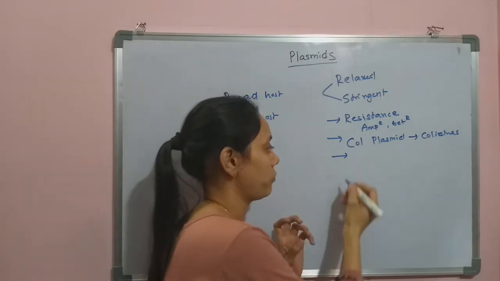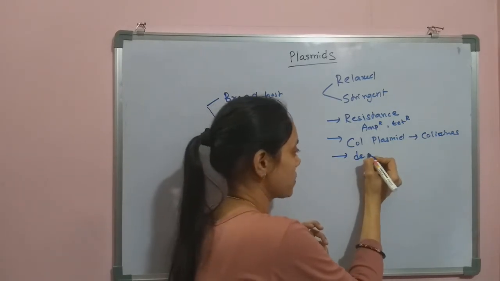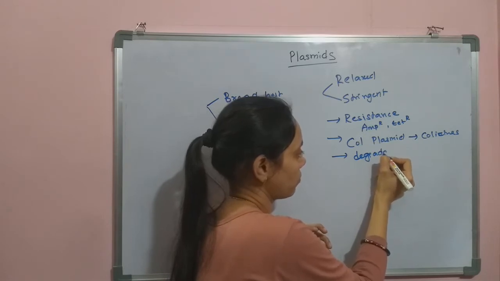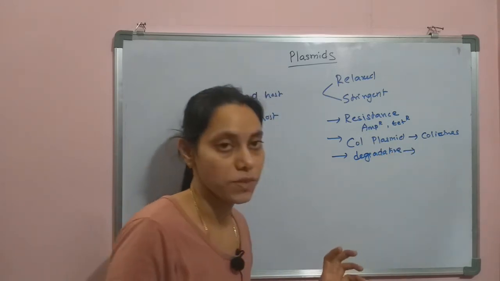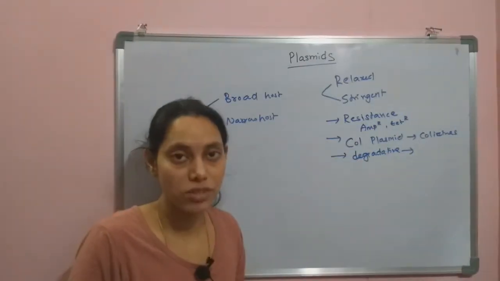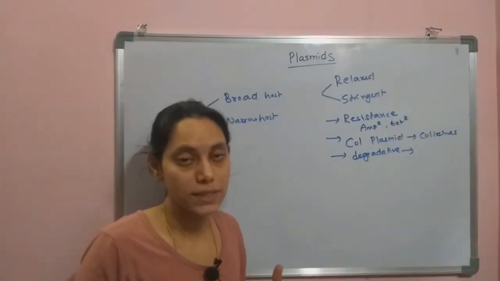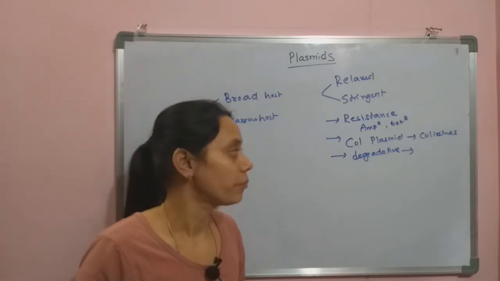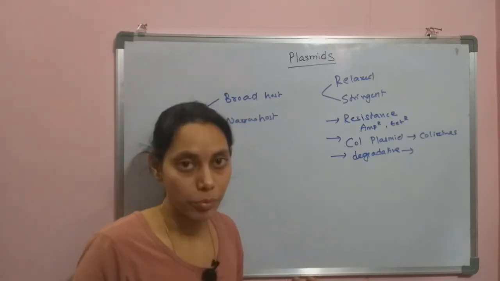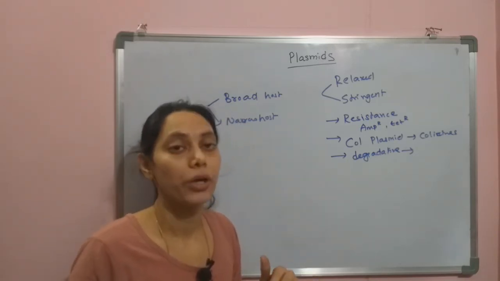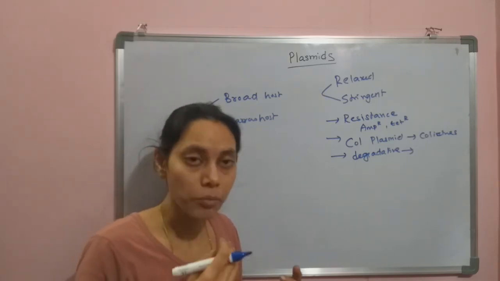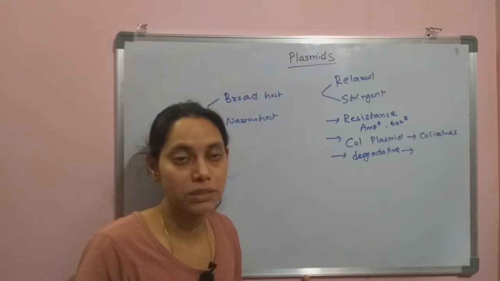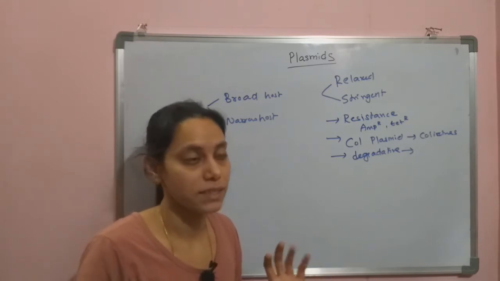The other type of plasmids are degradative plasmids. Basically, these degradative plasmids are responsible for the digestion of toxins and recalcitrants which are anthropogenically produced. That means by human activities, pollutants like toluene, maybe some oil spills that happened in the seas and all.